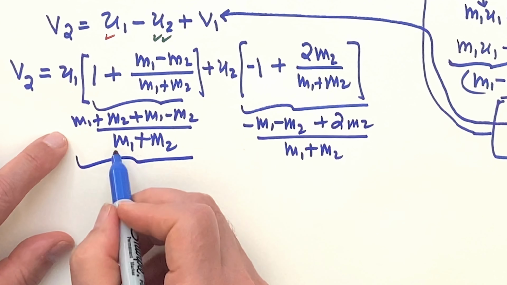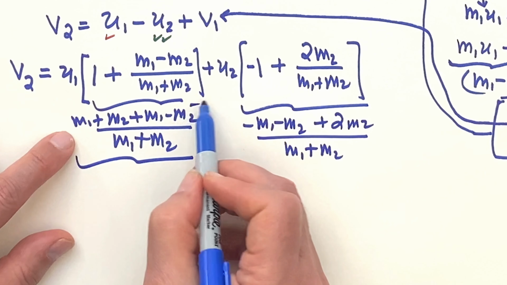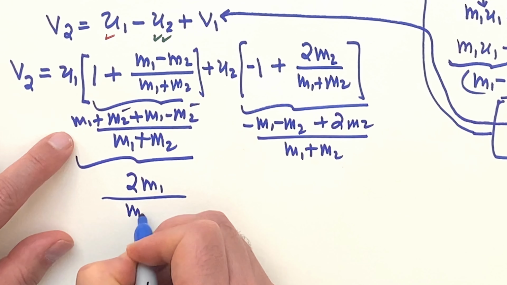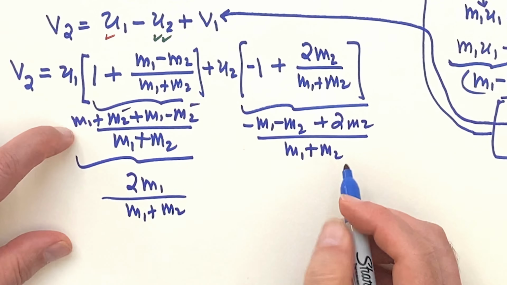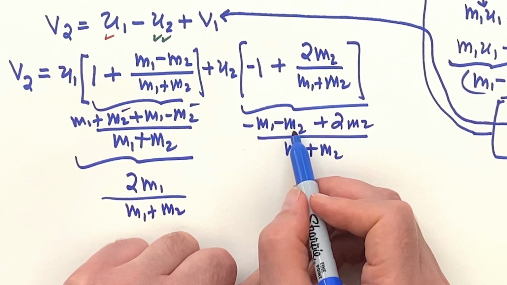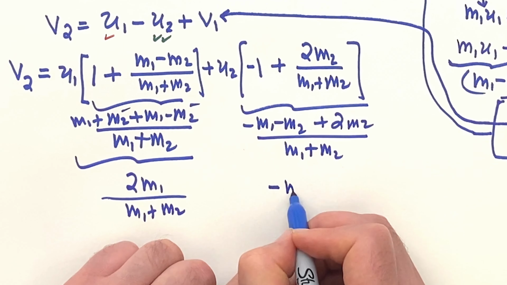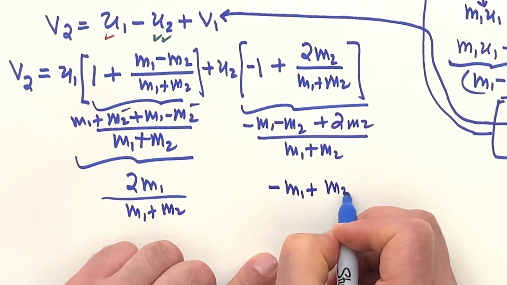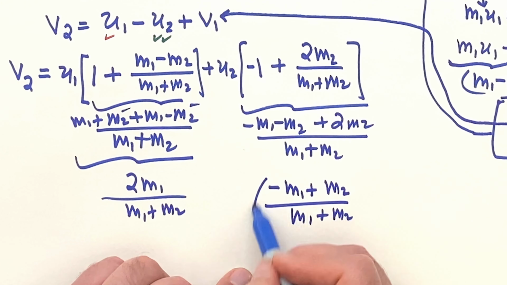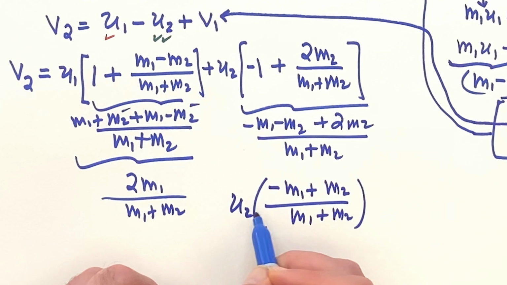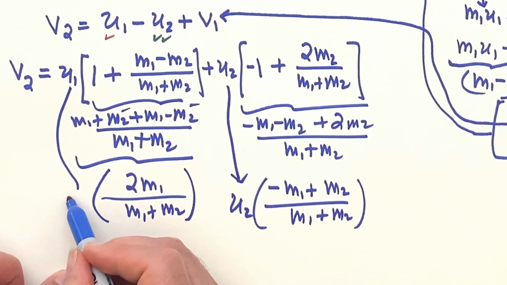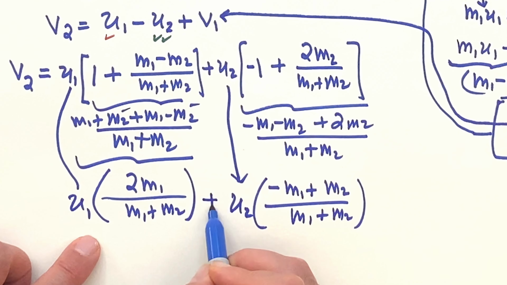So what do we have here? The M2s are gone, so we have 2M1 over the sum. Here, we have a 2M2 minus M2, so we'll have a minus M1 plus an M2 surviving over the sum. And this is going to be hitting the U2, and this thing is hitting the U1, and there's a plus sign.